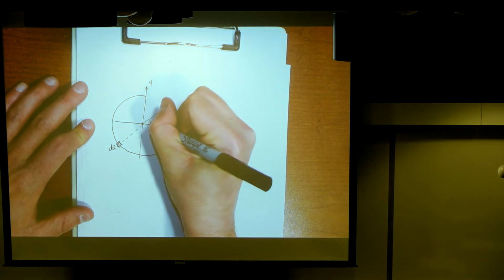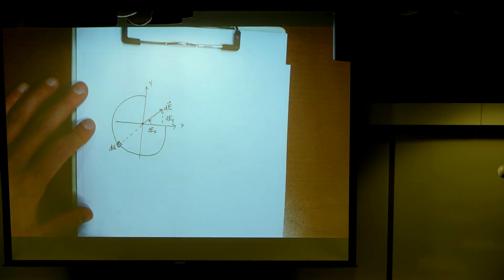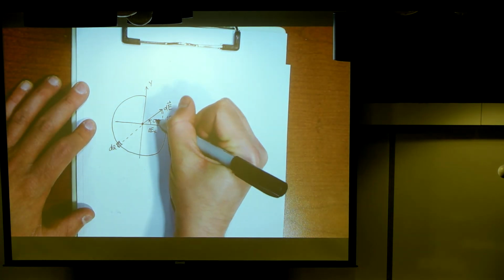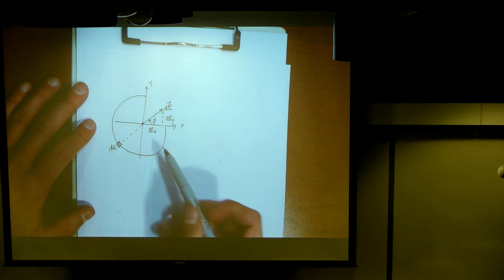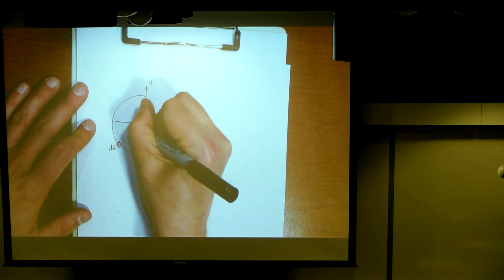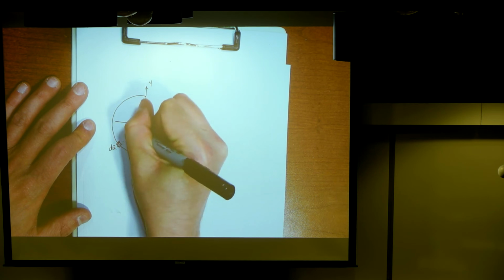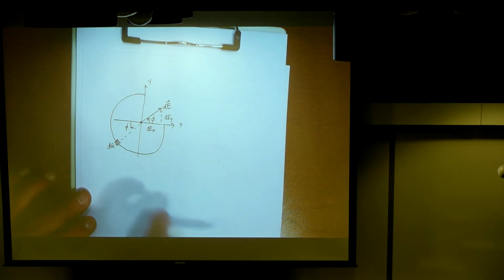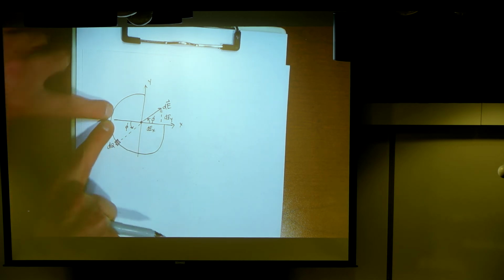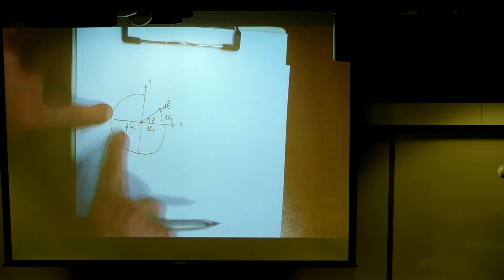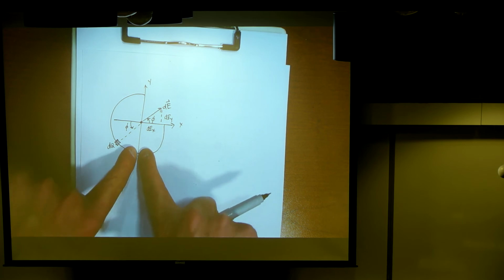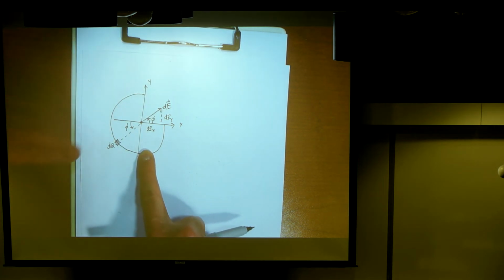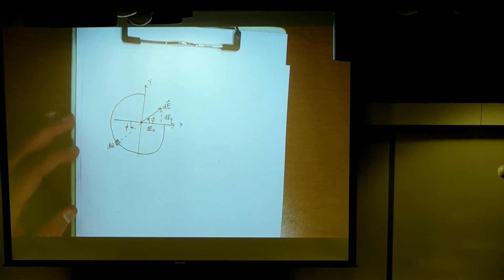So we can label an angle right here, which I'll call phi, which basically also appears here, by the way. We can think of phi as just taking us to the charge element. So for example, if phi were 0, the charge element would be right here. If phi were pi over 2, it would be over here, and so on. It just tells us what angle to go to get to the charge element.